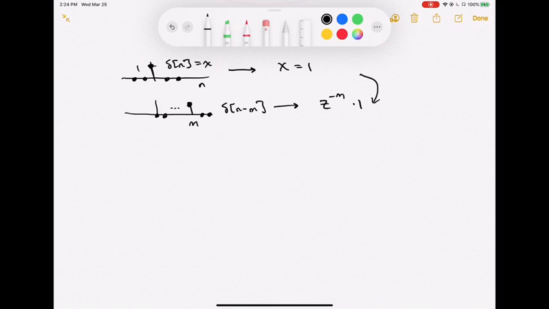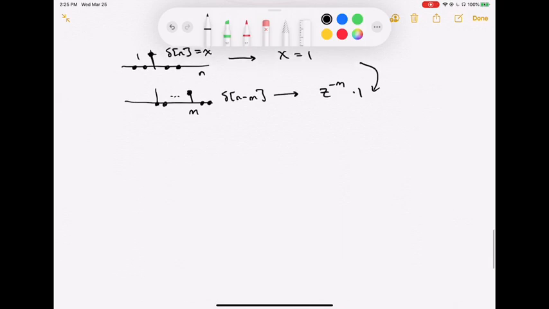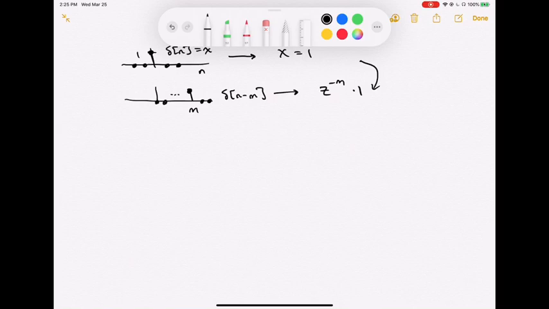Let's talk about the shift in a more specific case, considering really a unilateral transform. It turns out that the shift property is really important to understand from the unilateral transform perspective, because it's going to allow us to solve difference equations with initial conditions, much like understanding the derivative property for Laplace transforms in the unilateral case allowed us to incorporate initial conditions.